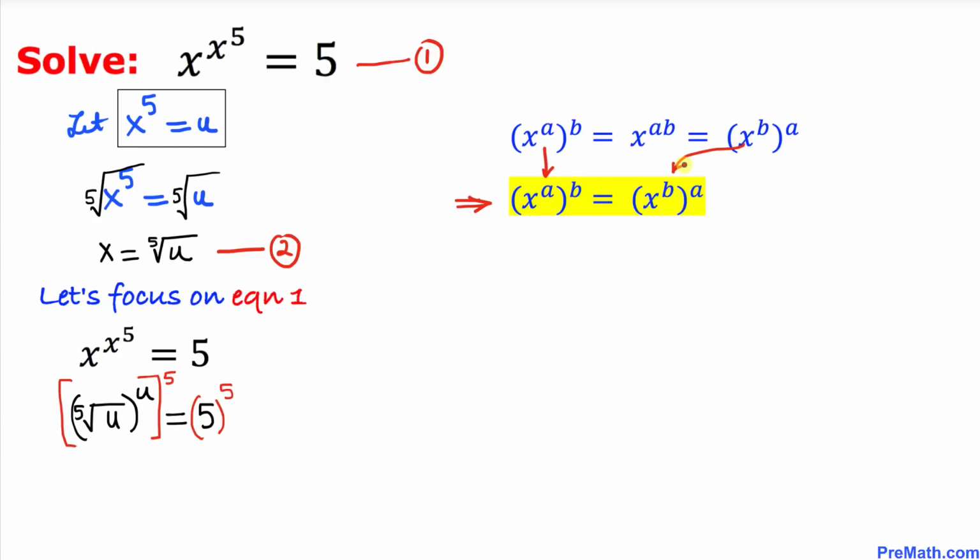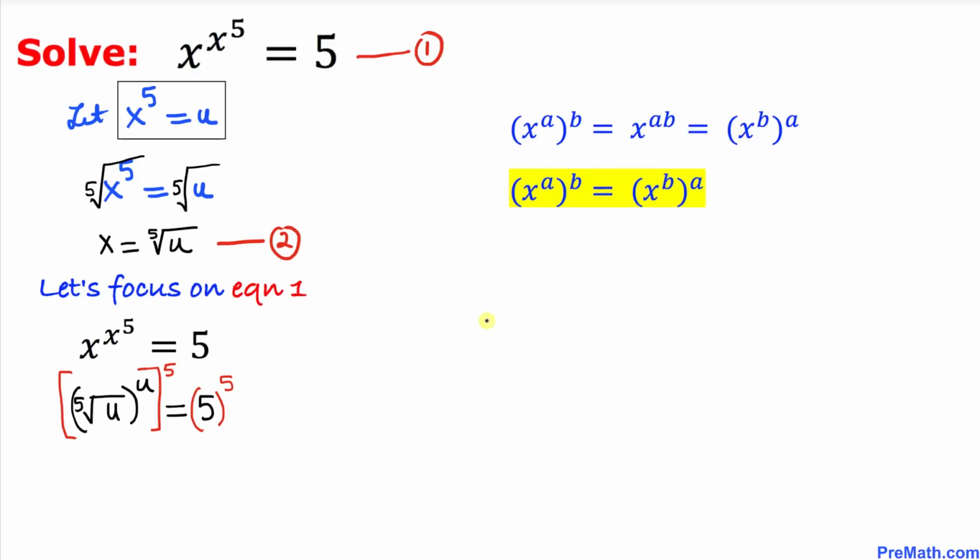Therefore, based on this rule, we can write this equation as the fifth root of u, then power 5, and then power u, equals 5 power 5.